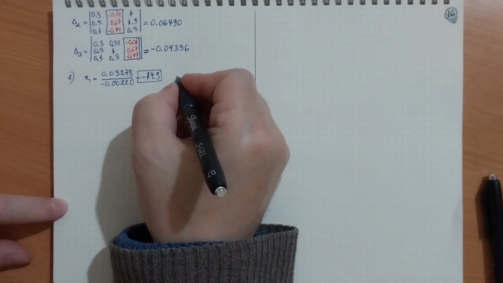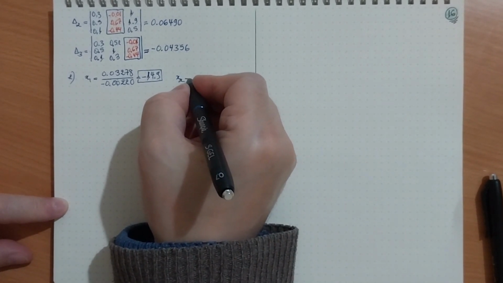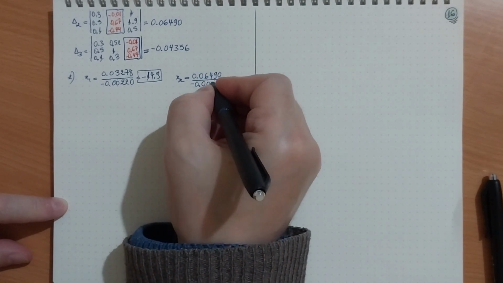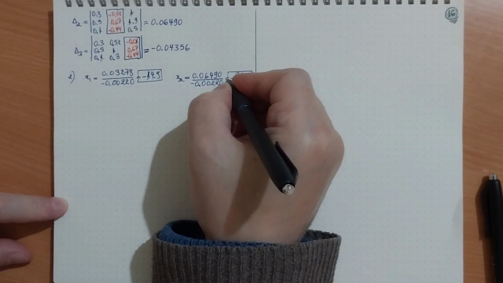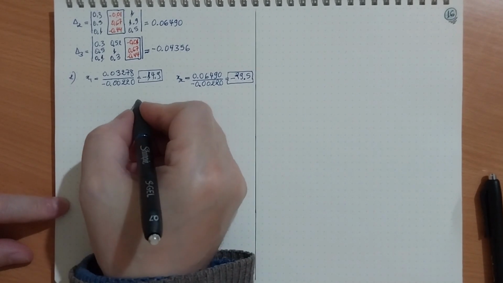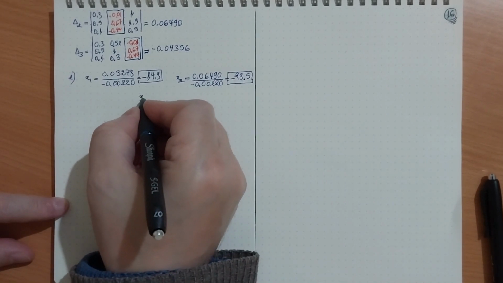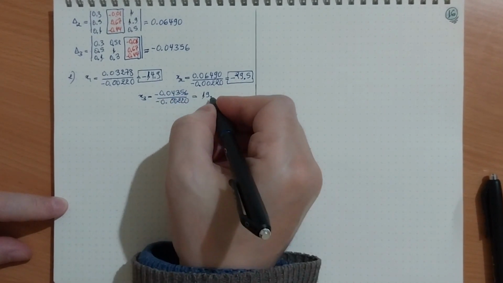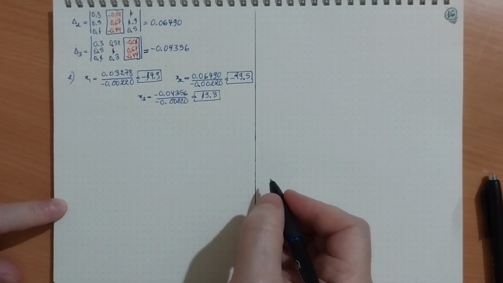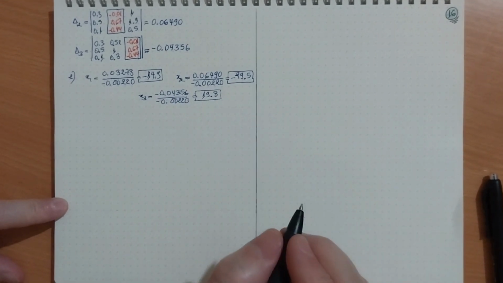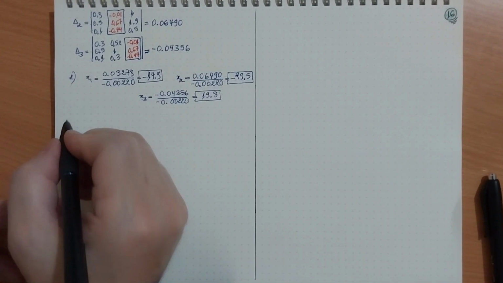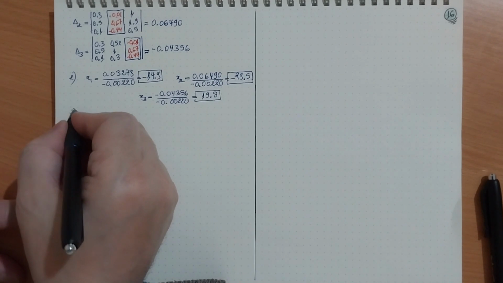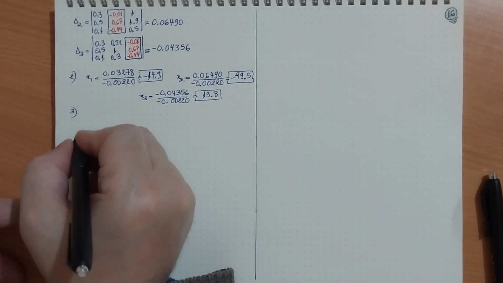And for x2, and the third element, x3, and that's it. So now let's check the accuracy using the residual, because the exercise tells us to.